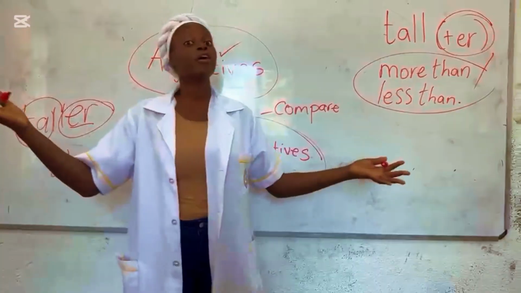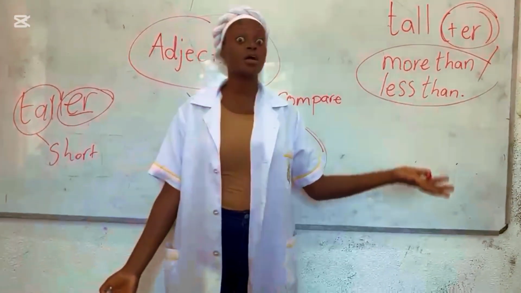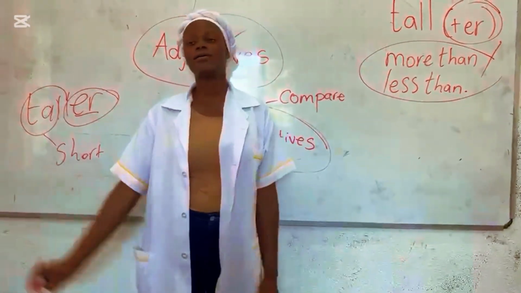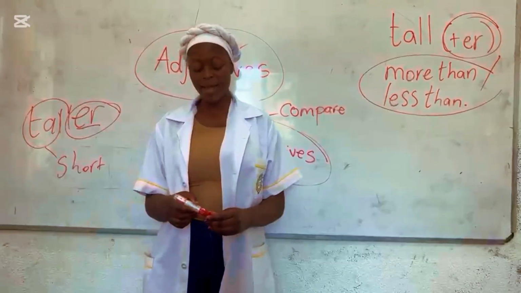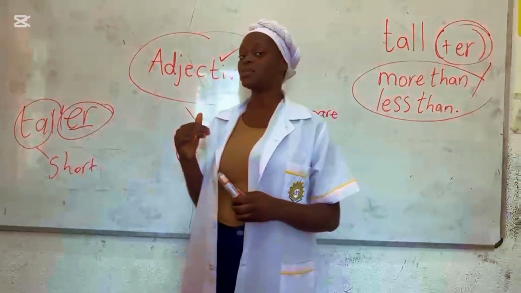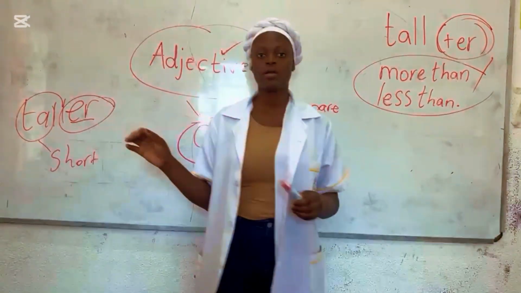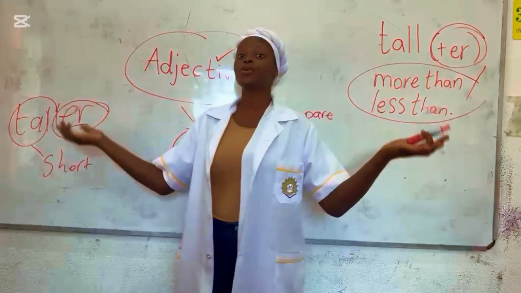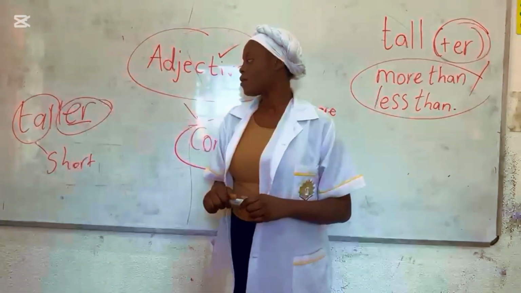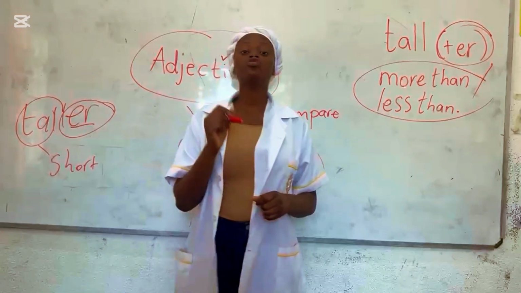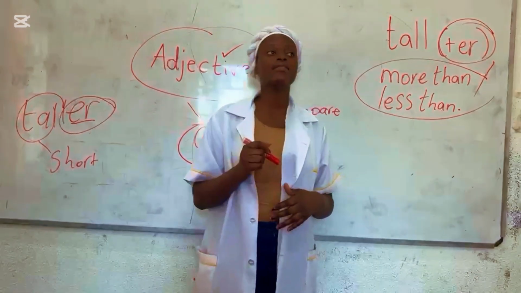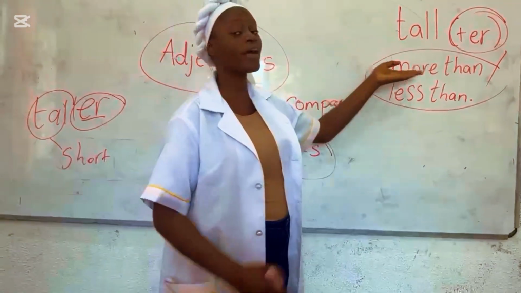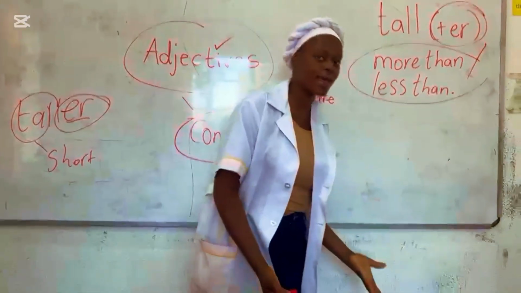You can say smarter in either accent. It depends on you. But I feel like the best accent for me to use is this one. Smaller, bigger, smarter. Okay? Well, now I want to introduce words that we add more than or less than.